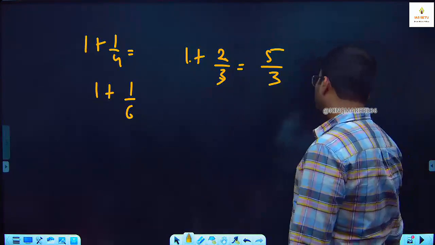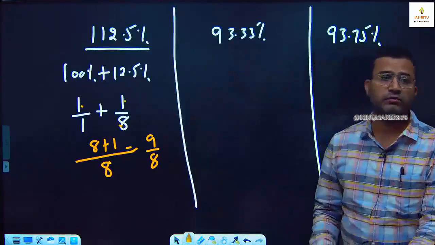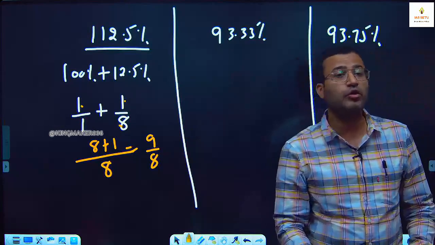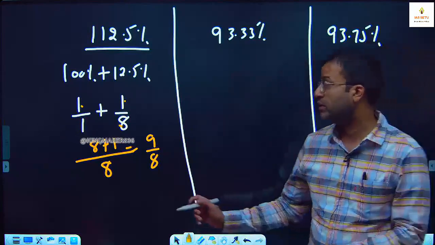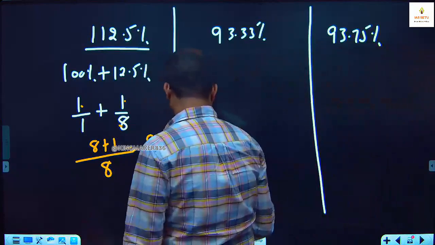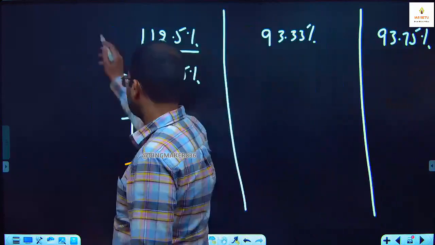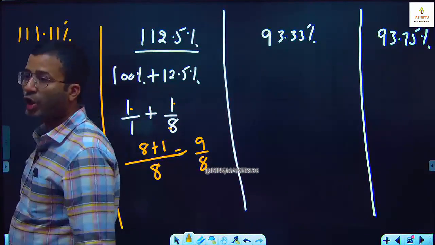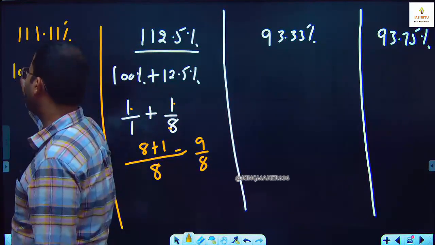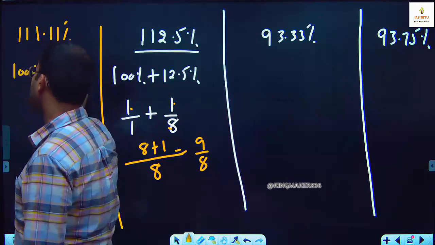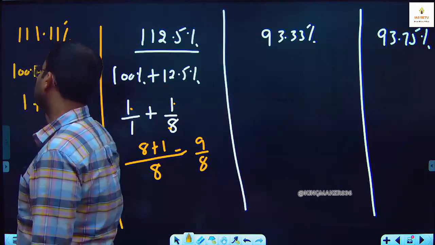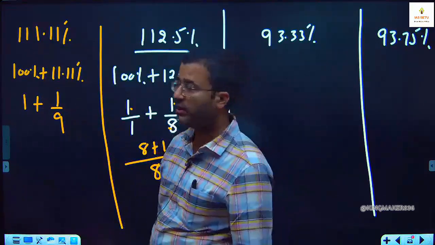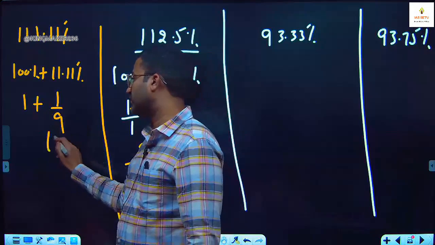So now here, if you find in my handout a value more than 100%, like 112.5% or 111.11%, for example, ये मिल जाए अगर गलती से, 111.11%. How will you handle this? You will break it as 100% plus 11.11%. It is 1 plus 1 by 9. And what is 1 plus 1 by 9? 10 by 9. 9 plus 1, 10 upon 9.